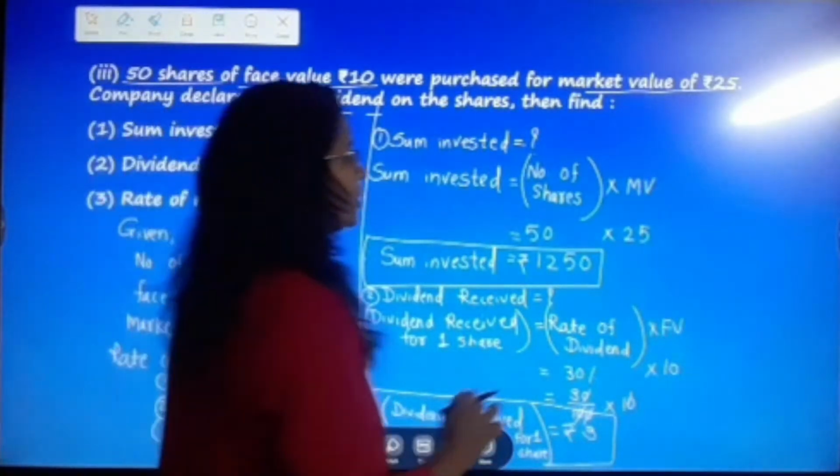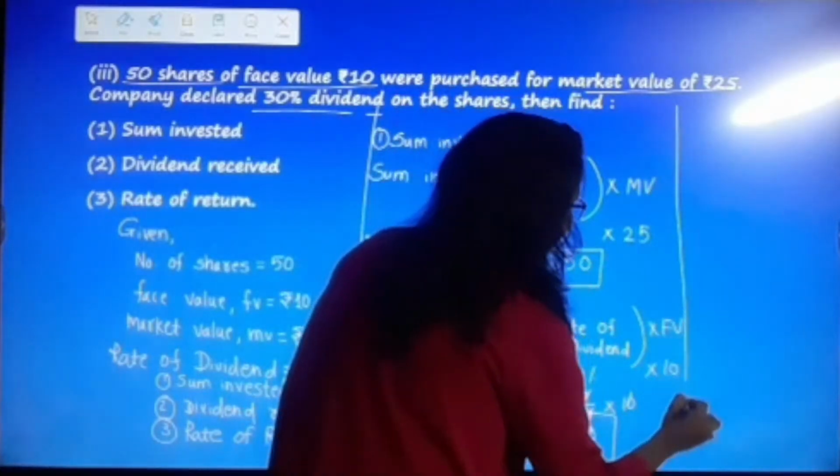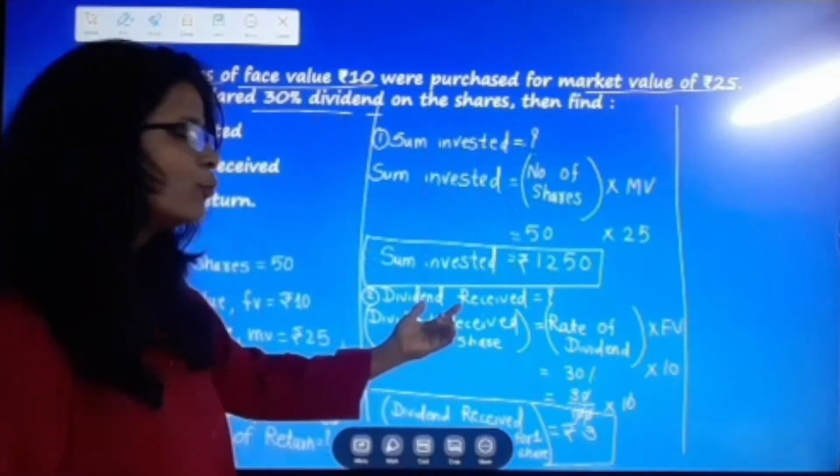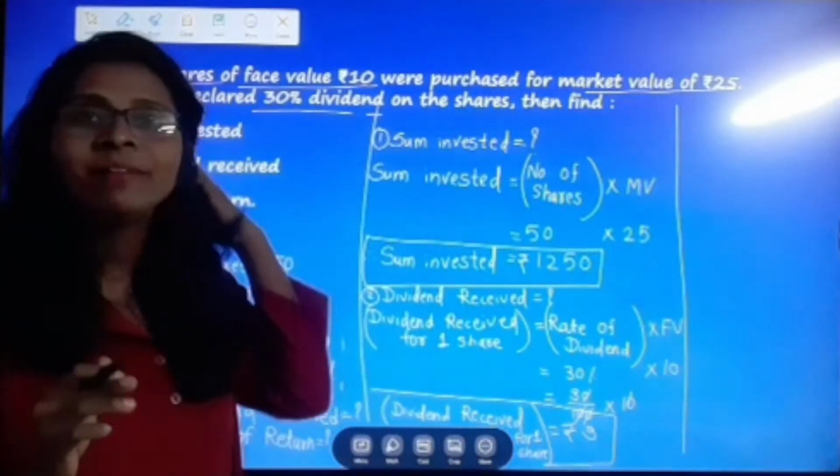But the answer is still remaining, that is we have to calculate the total dividend received.